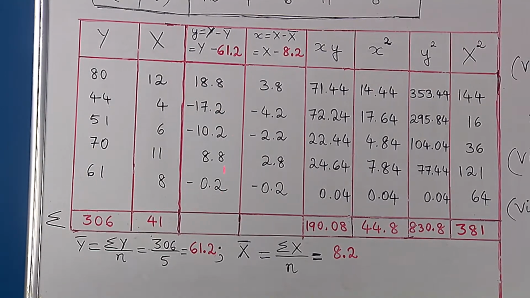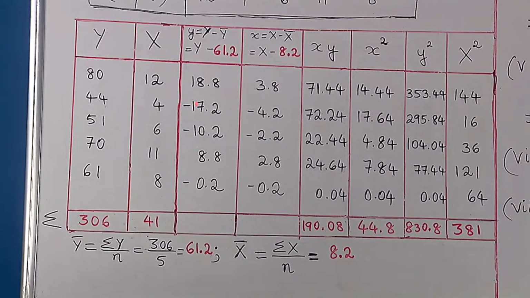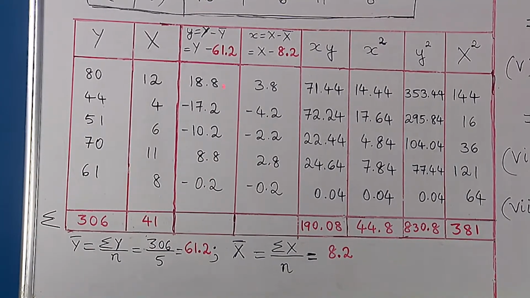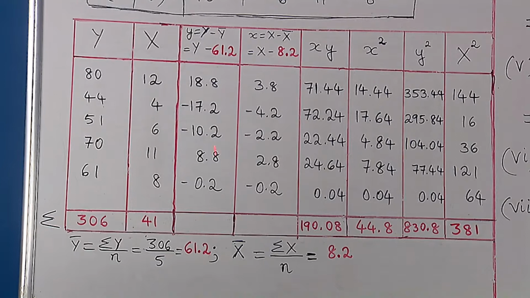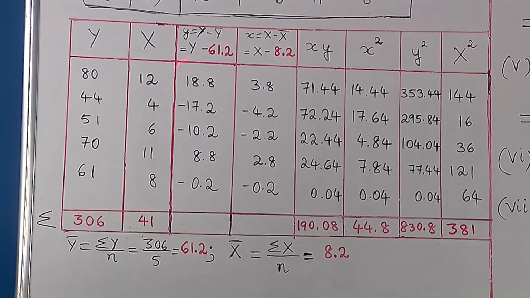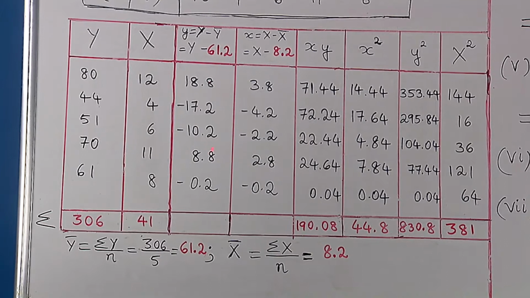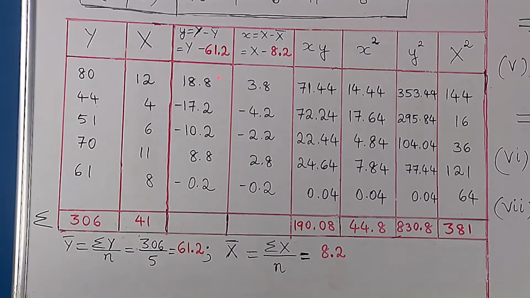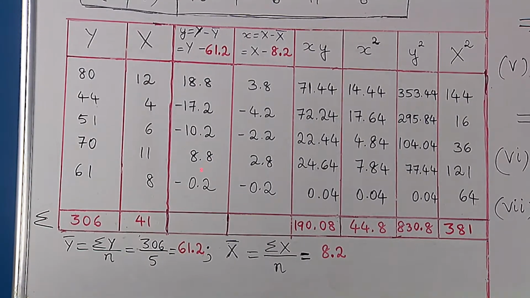Remember, these are all deviated y values, small y values. So, we proceed with all the 5 data and get 18.8, minus 17.2, 51 minus 61.2 gives minus 10.2, 70 minus 61.2 gives 8.8, 61 minus 61.2 gives us minus 0.2.